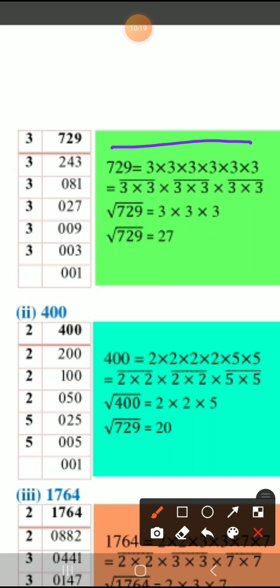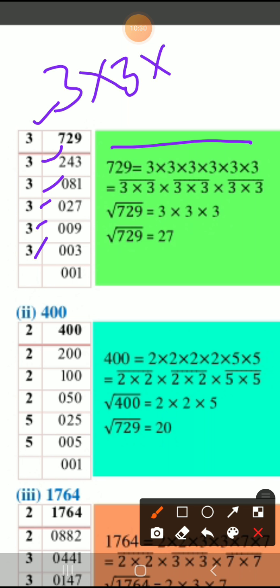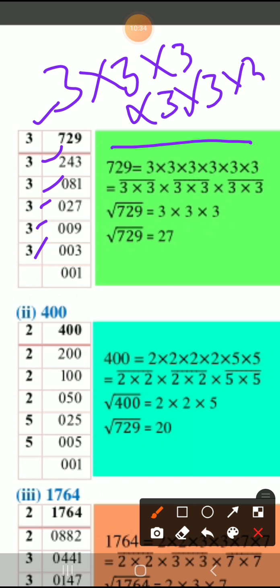So these numbers are 1, 2, 3, 4, 5, 6. So 6 times 3 appears, as you can see here, 6 times 3 appears, that we make into pairs: 1, 2, 3, 3 pairs. Got it?